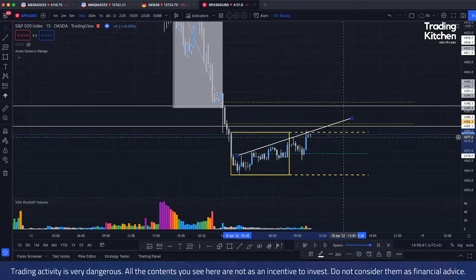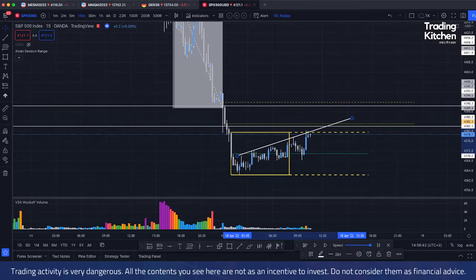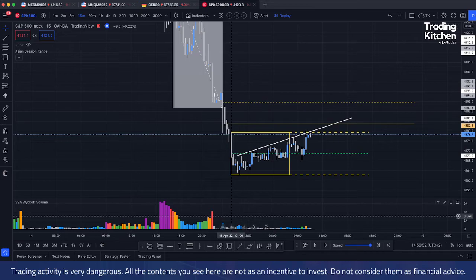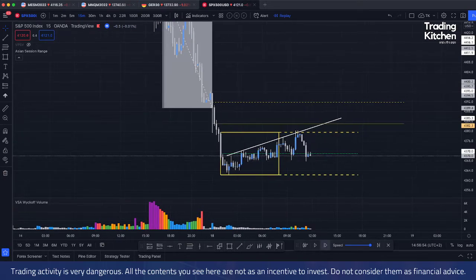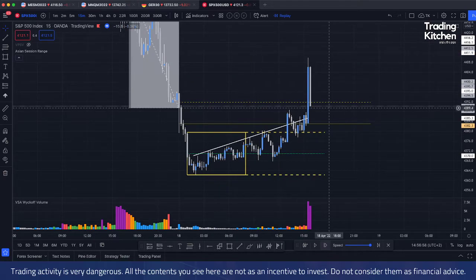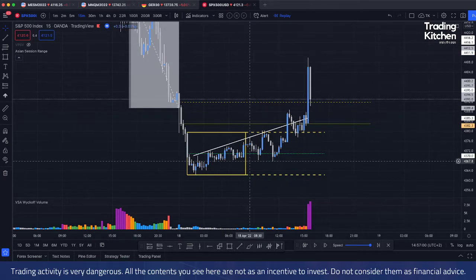Anyway, we have a wolf wave pattern again, but during the Asian session, so it could be not good enough. In fact, price broke the structure and is going up.